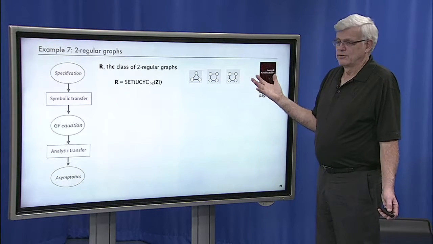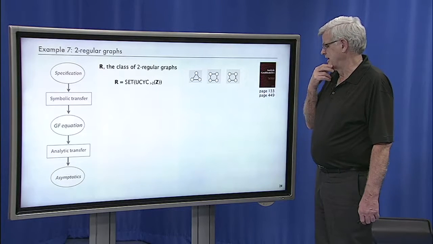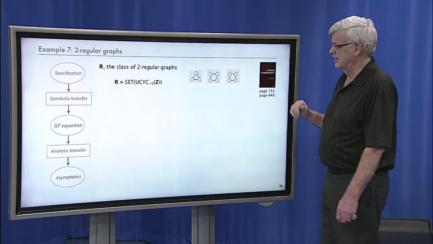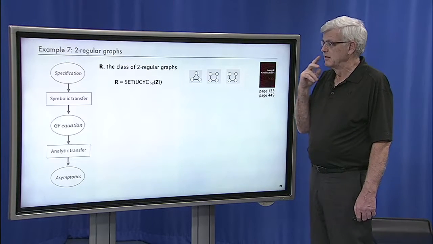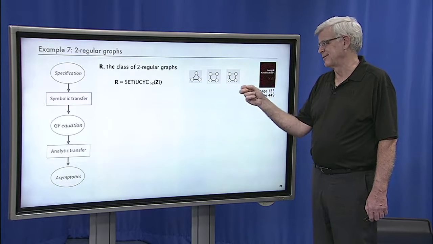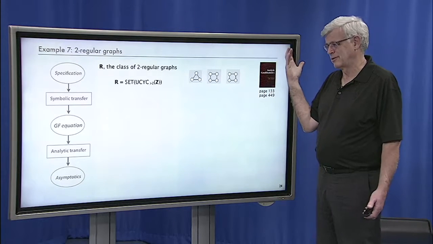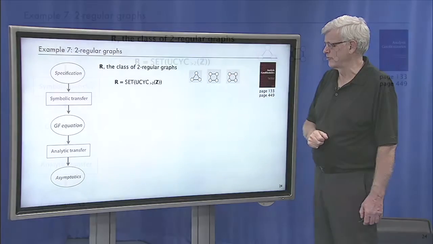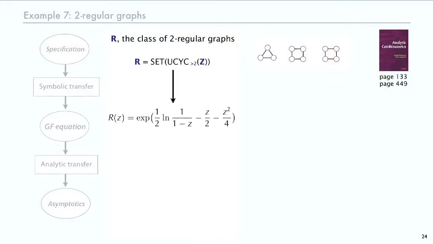So let's look at it from the standpoint of analytic combinatorics. And you can find more detail on this in the books in these indicated pages. So what is a 2-regular graph? It's a set of undirected cycles of 3 or more nodes. That's all. That's actually a fairly compact specification of what it is. That immediately translates to the generating function equation.